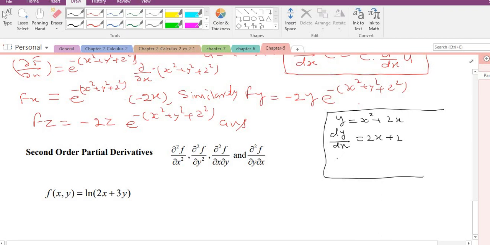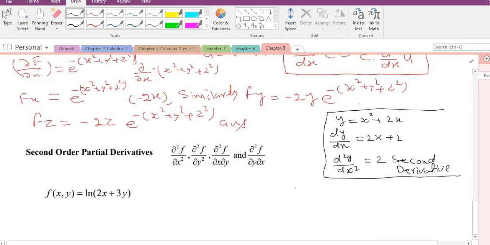This is the first order derivative. If you write d2y dx2, it is 2. This is called the second derivative. Using that concept, I want to discuss second order partial derivative. Second order partial derivative means del 2 f del x square, which is a double derivative.